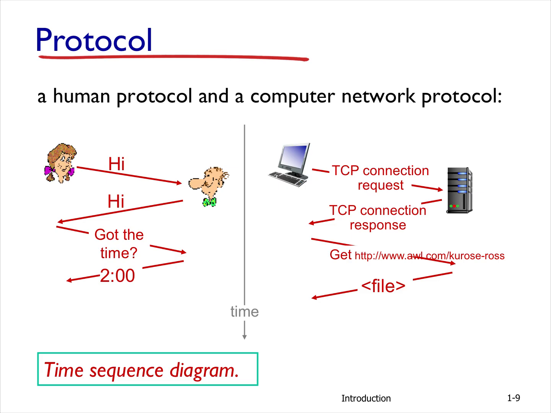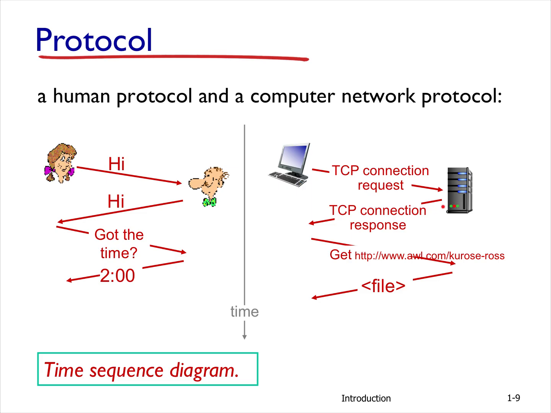It starts by communicating to the server that you are trying to talk to by sending something called a TCP connection request. So I ask the server, can I connect with you? That's how the protocol works, okay? So it's not just sending the information immediately. Can I connect with you?